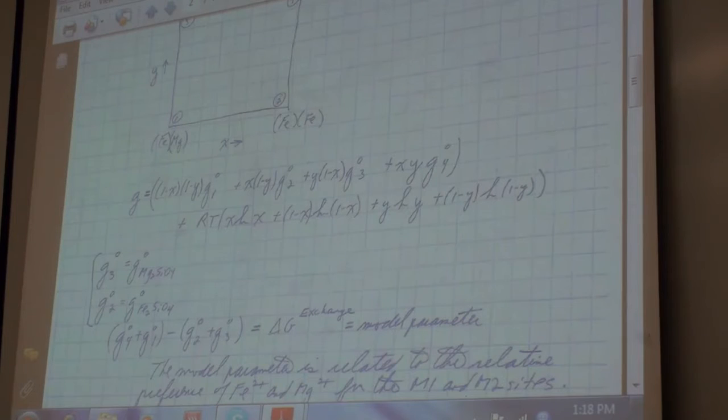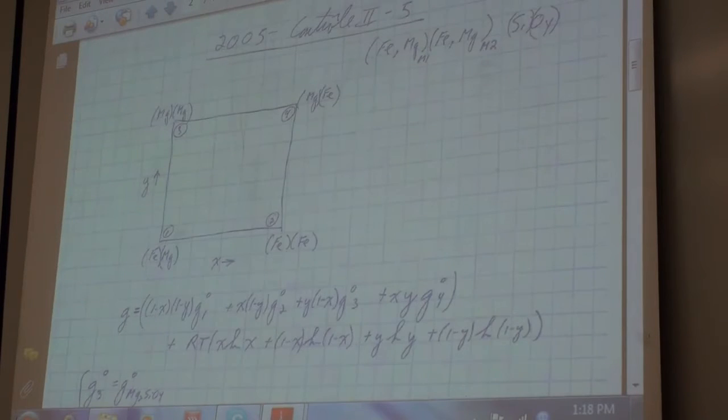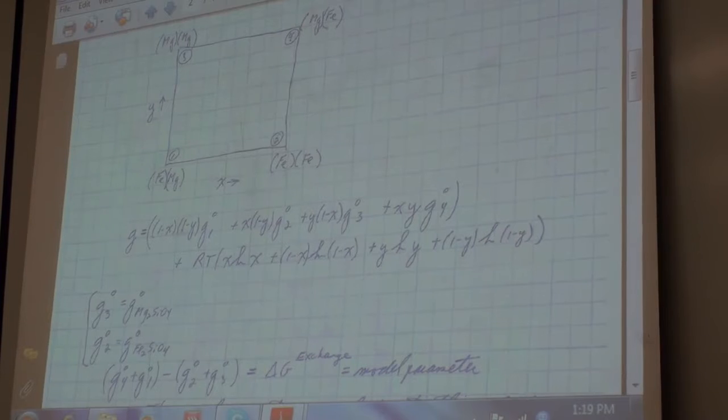If the model parameter becomes greater or less than... No, that's wrong. I wrote all these things up in haste yesterday. That's not right.